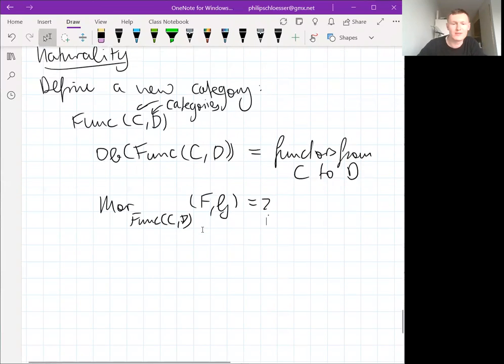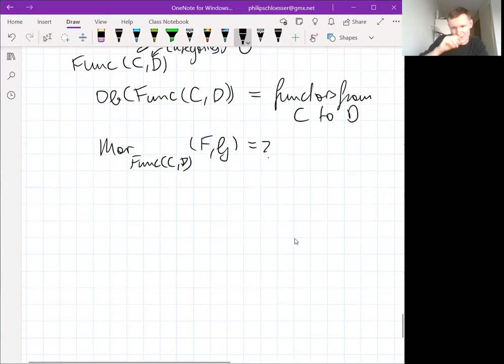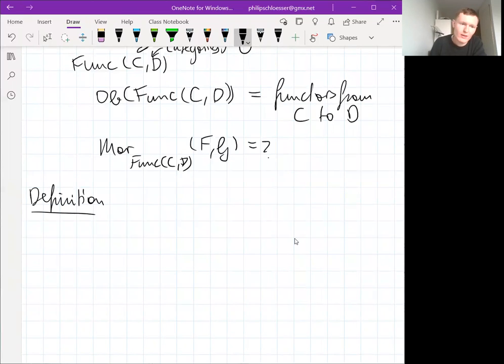And I guess this is sort of a bad intrinsic motivation, but we will get there. So how do we transform between two functors? We do it by means of what is called a natural transformation.